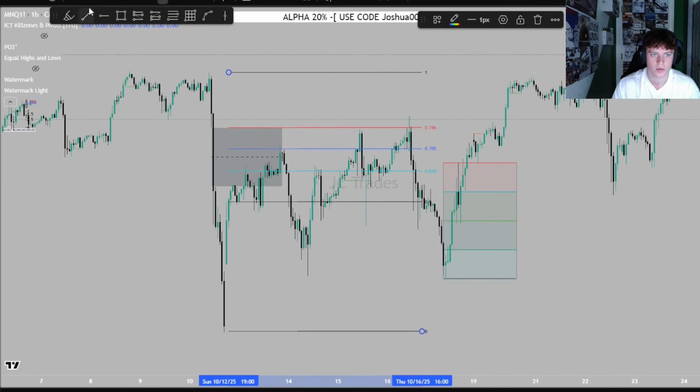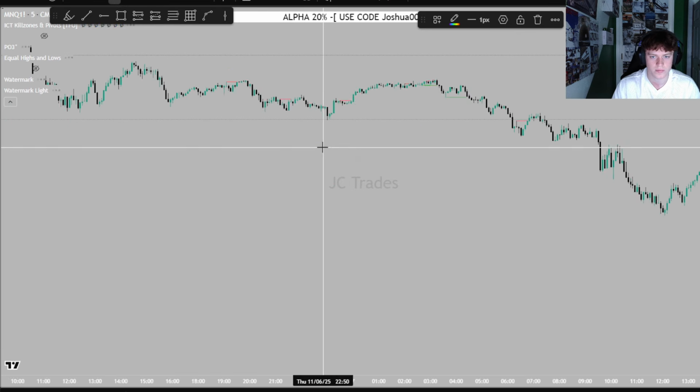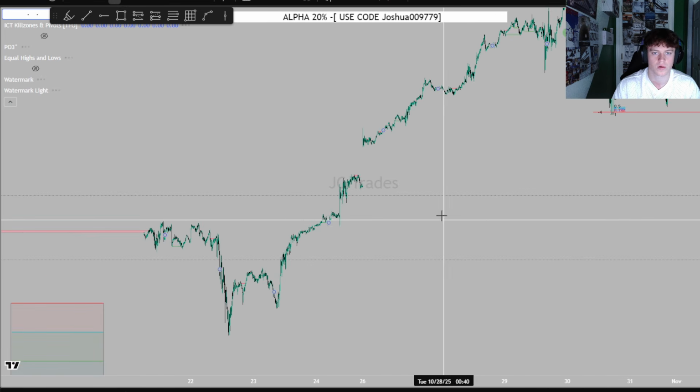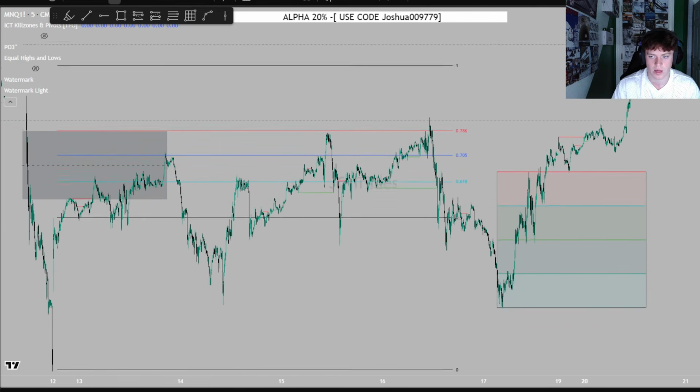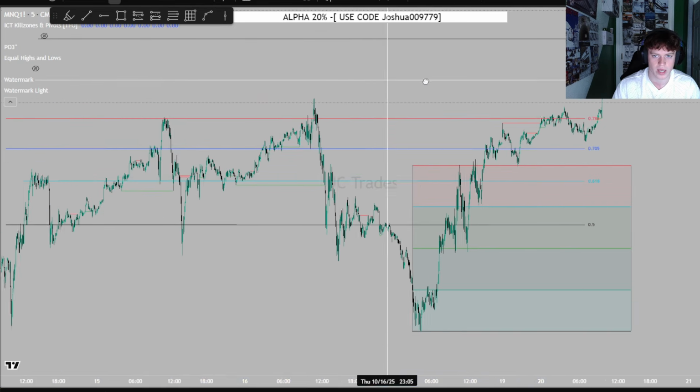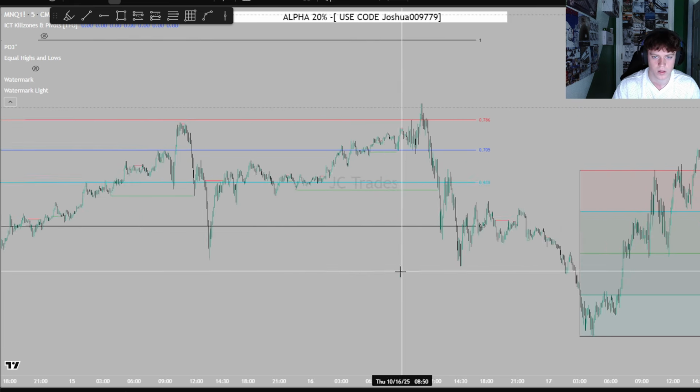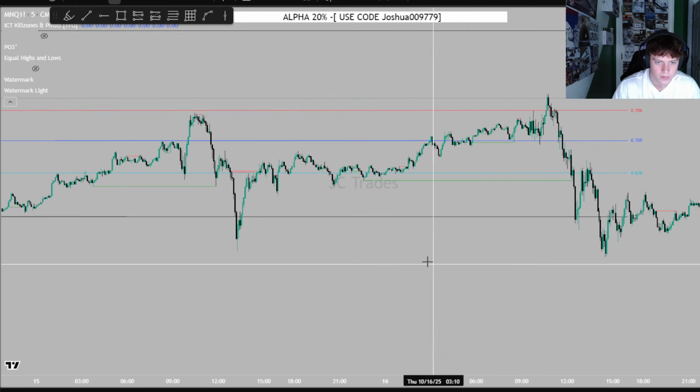Now we can go on a lower time frame and see if a level with our fib will line up good or not. Let's see.